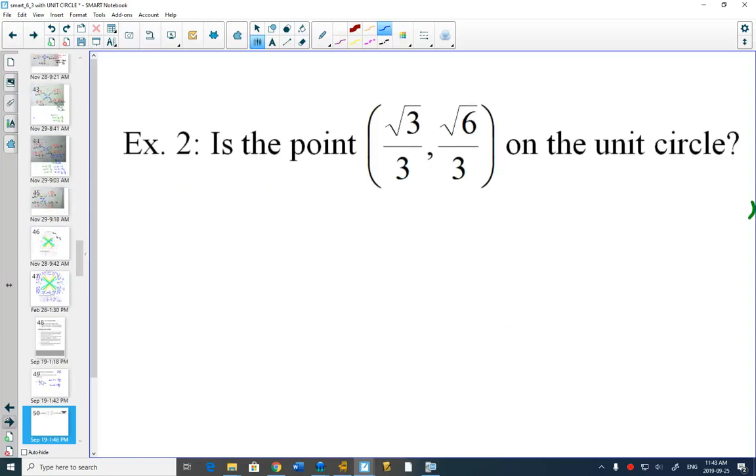Example number 2. Is the point on the unit circle? Well, the first answer that students often come up with on this one is they say no, because we just made our unit circles and that's not one of the ones on there.